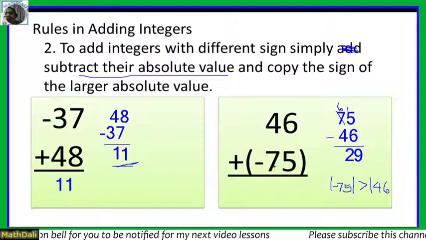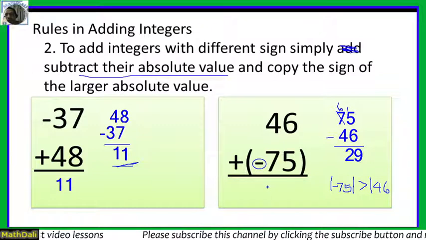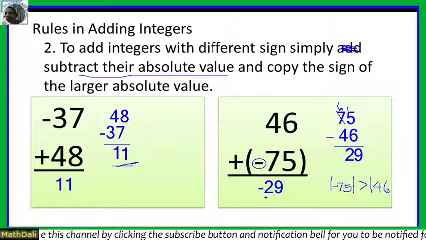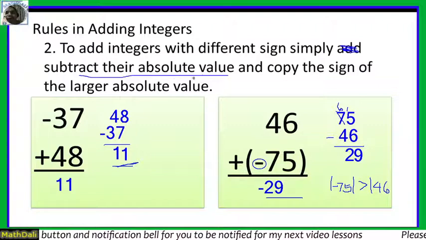Then, kokopyahin natin dito yung sign ng 75, which is negative. So, ang sagot natin dito ay negative 29.